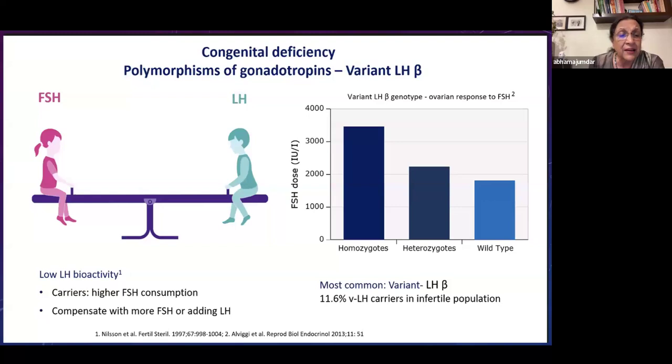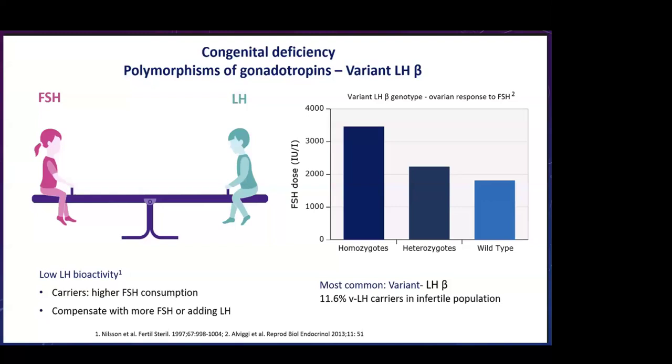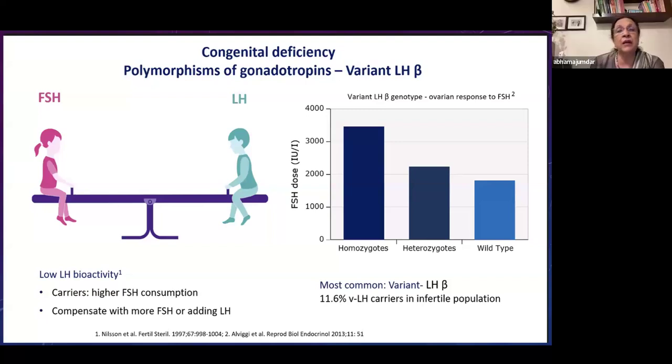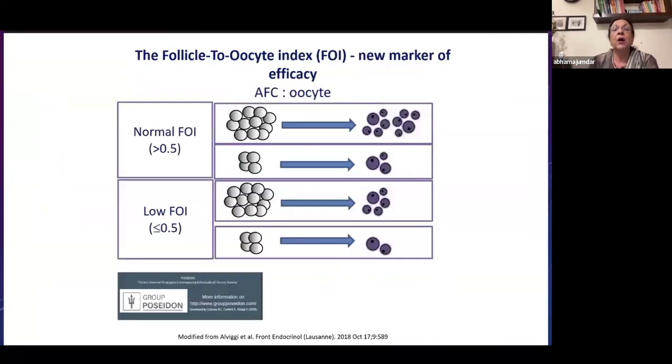So all the carriers have high FSH consumption. And the higher the variation polymorphism, the higher would be the need either to compensate by adding more FSH or to add LH to these women. I'll show you here. Now, we know that FOI is a new marker of efficacy of stimulation.